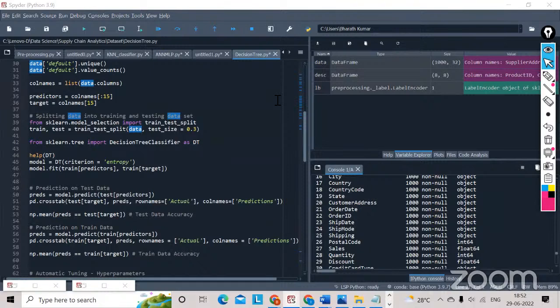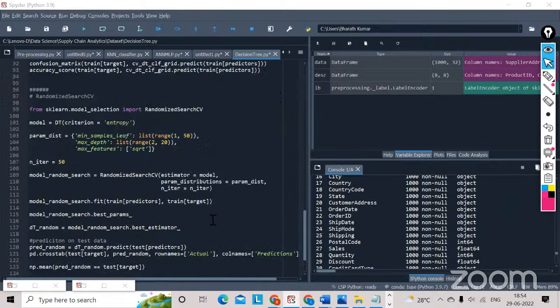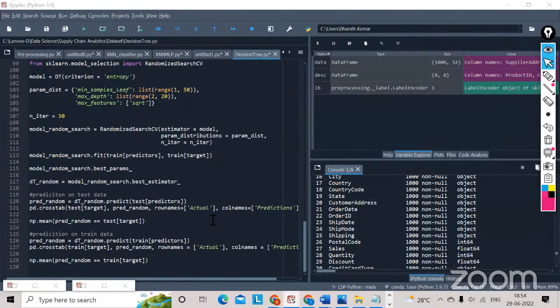Once I've done that, I want to evaluate the train data. And once you have evaluated the train data, you then predict the test data as well as you predict the train data.